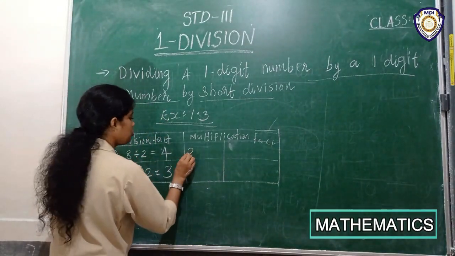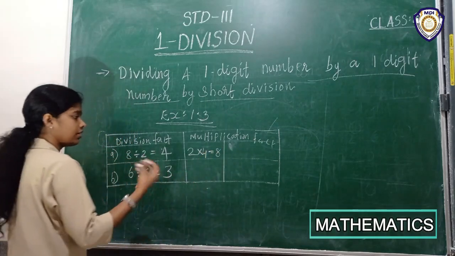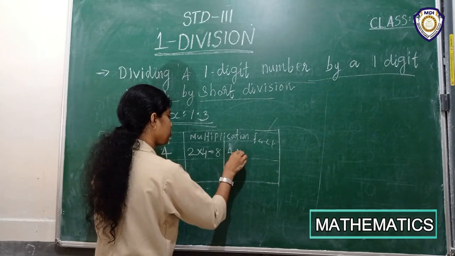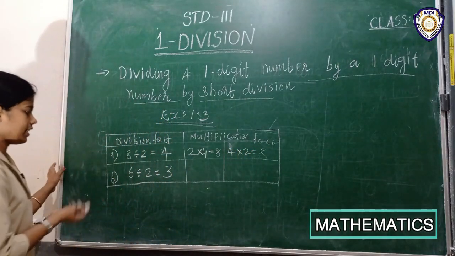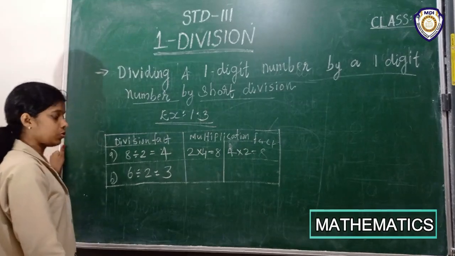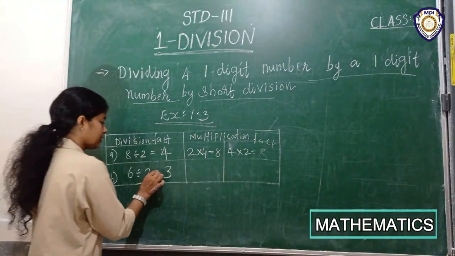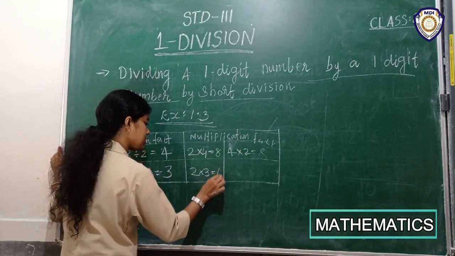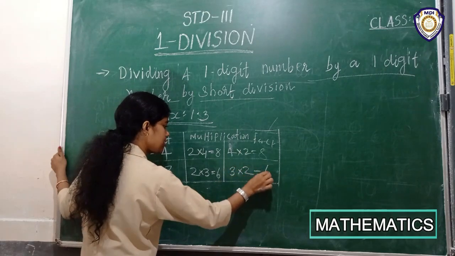Multiplication fact. Okay, 2 into 4 is 8. 2 4s are 8. Then change the order. 4 into 2. 4 2s are 8. Then here 6 divided by 2 equals 3. Then 2 into 3. 2 3s are 6 and 3 2s are 6.